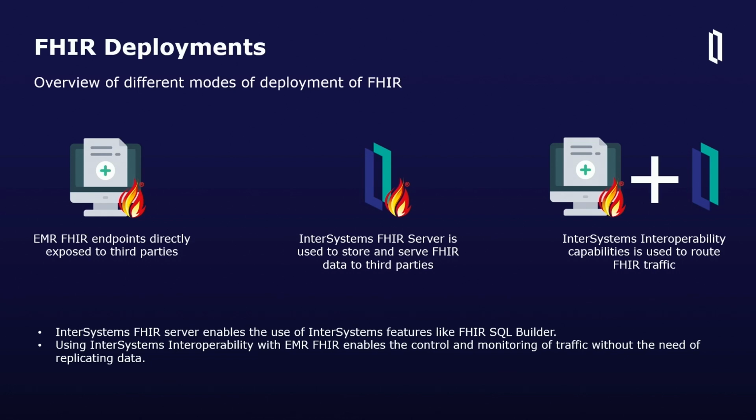This offers a lot of flexibility and robustness in dealing with FHIR. You can enforce access control policies. You can control the traffic flow, all of that without touching the EMR FHIR itself. But sometimes it comes at the cost of replicating the data. That data, you have it in the EMR, and you have it in other sources, and you again have it in another format in your InterSystems FHIR.